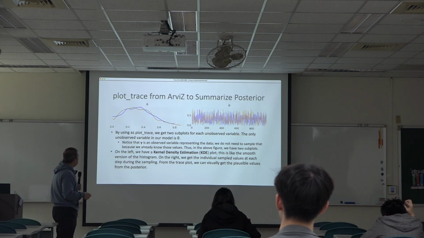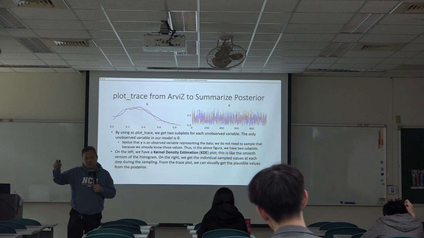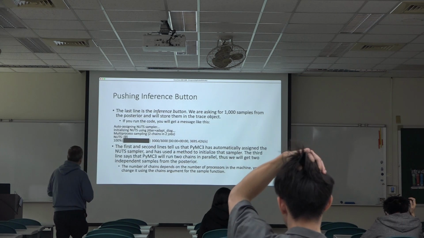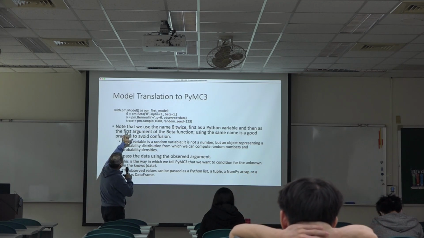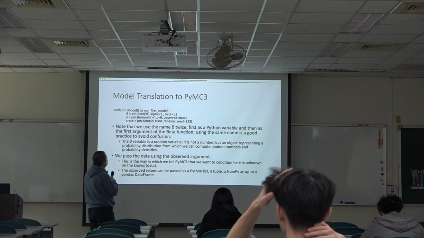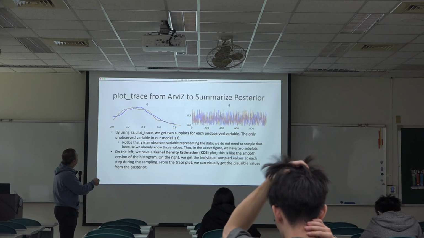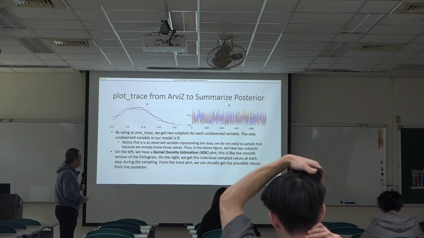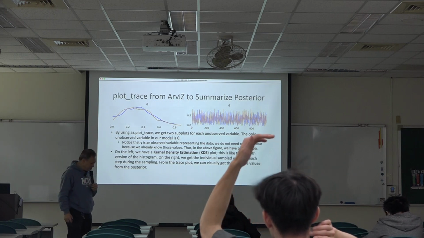Okay, and then you can use plot trace. In the plot trace, you just feed the trace that you obtained here to the plot trace function from RVs, and it will automatically plot these two figures for you.